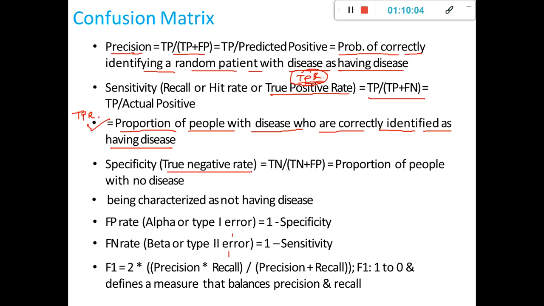What is specificity? True negative rate. That is the proportion of people with no disease being characterized as not having disease. That is my true negative rate.